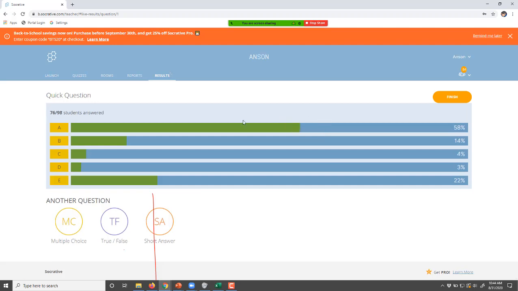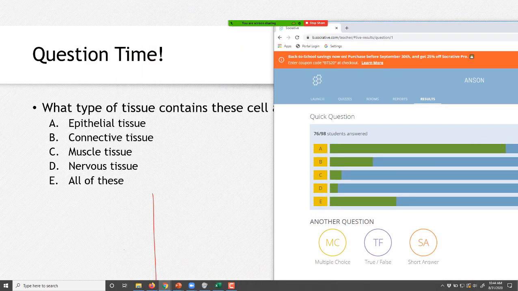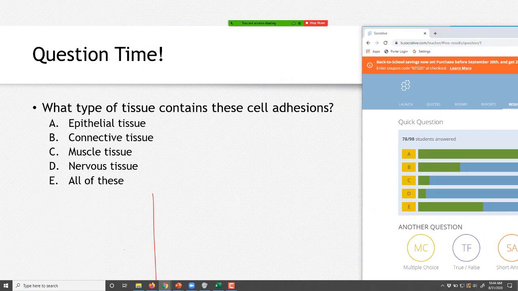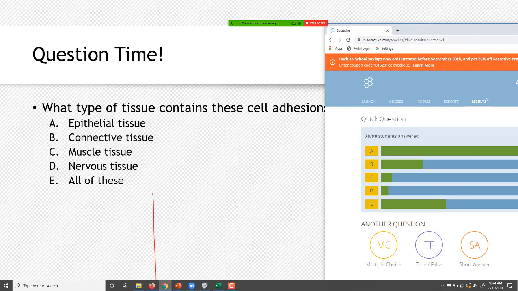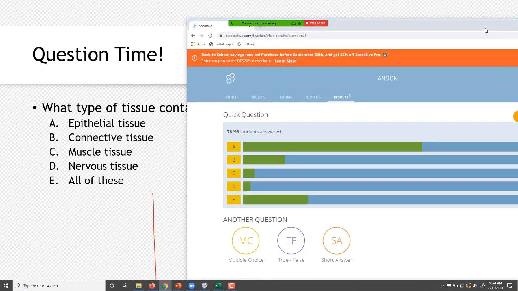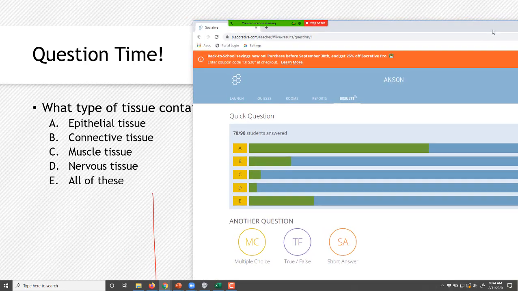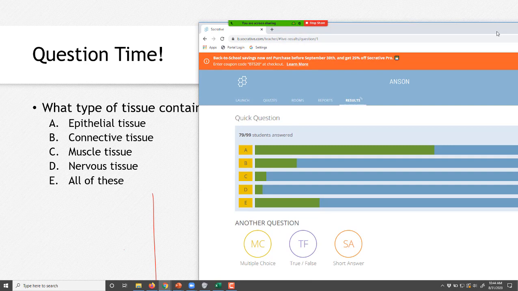Most of you ended up choosing A, which is the correct answer. So when we talk about these cell adhesions, whether it's the desmosomes, the tight junction, or gap junction, we're talking about epithelial tissue. Connective tissue won't have these particular proteins that connect the cells together.